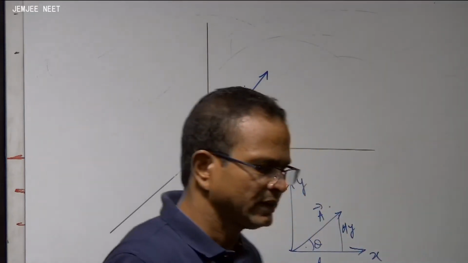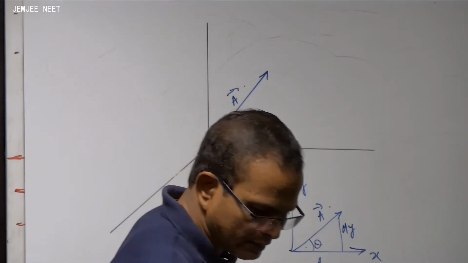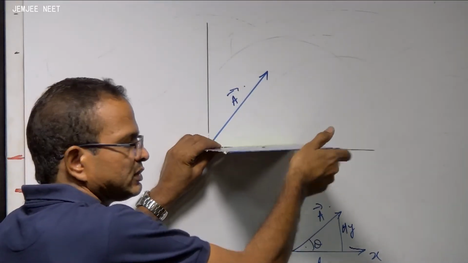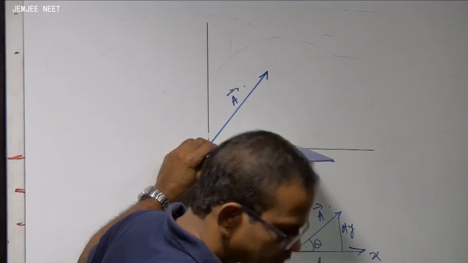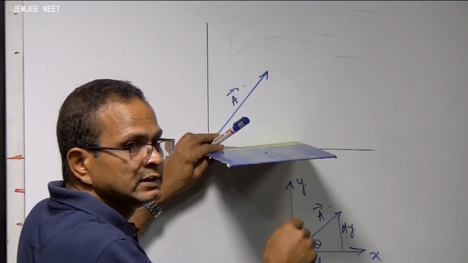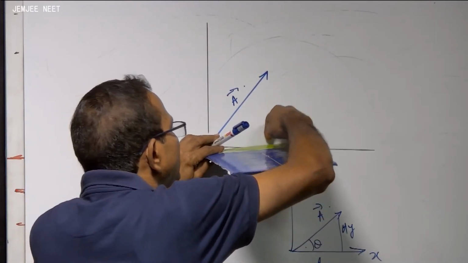Let us first start with the x axis. Just take the x axis. This is your vector, and it has a component along the x axis.